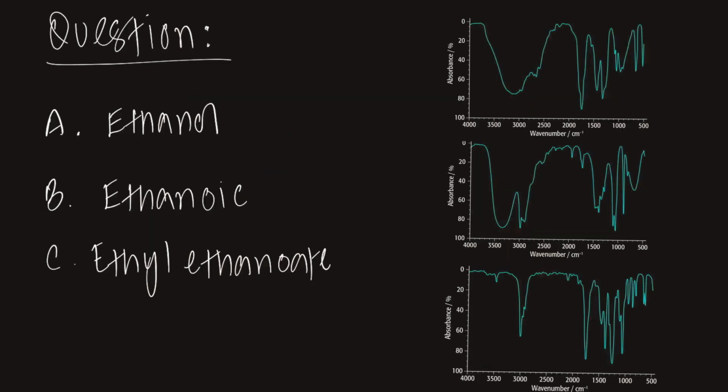Moving on. So here's a question. I have 3 graphs for 3 different molecules, and I have 3 names of 3 different molecules. Now I have to figure out which of these 3 graphs belong to which of these 3 molecules. Before I start anything, I can see my characteristic iceberg right here.